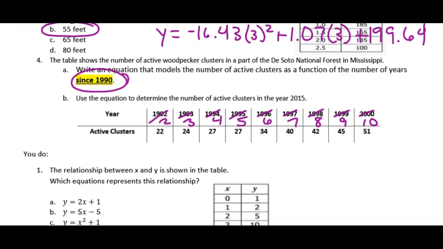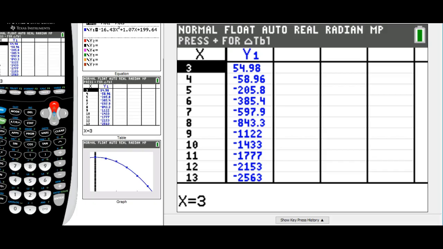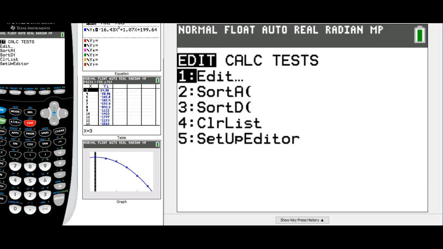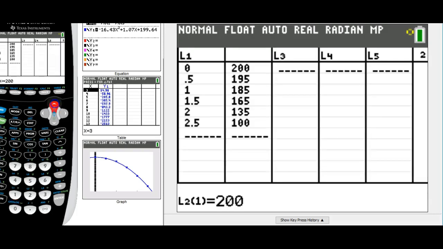Now, it doesn't give me a hint on whether to use linear or quadratic. So I'm going to have to look at everything on this one. So let's go to our calculator. Let's go to stat. Number 1, clear our list out.